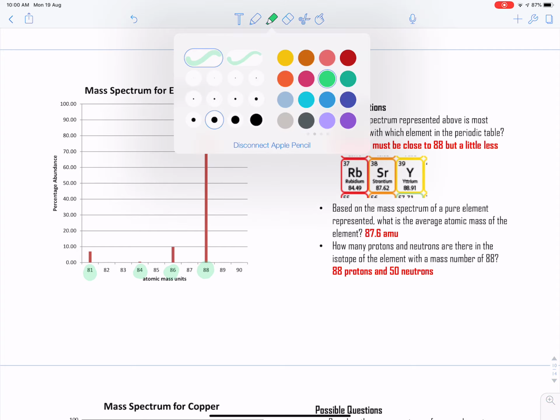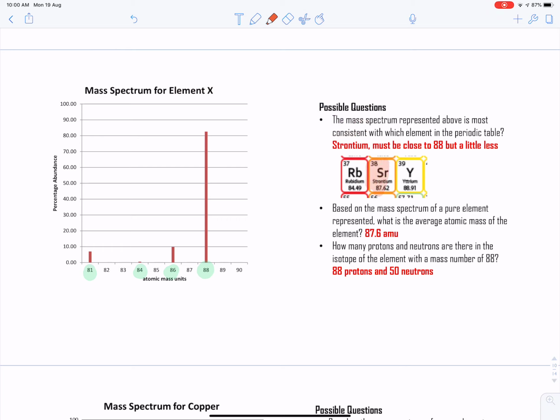And that brings us to strontium, because it has an atomic mass of 87.62, which is perfect. It can't be yttrium because this is more than 88, and it can't be rubidium because it's too small, 84. And based on that, we can find from the periodic table that the average atomic mass will be 87.6.